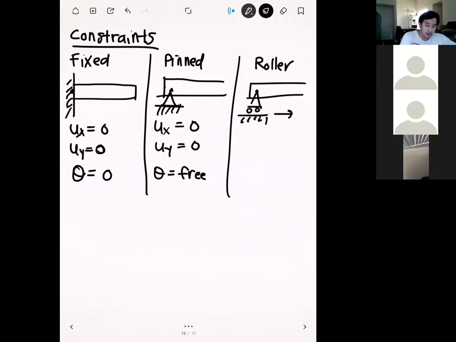So if we consider the x-axis this way and the y-axis that way, ux will be free, uy will be constrained, and theta will also be free. When you're doing beam problems, it's important to know these constraints, especially with regard to the rotation. You need to know whether you're going to constrain the rotation or not.